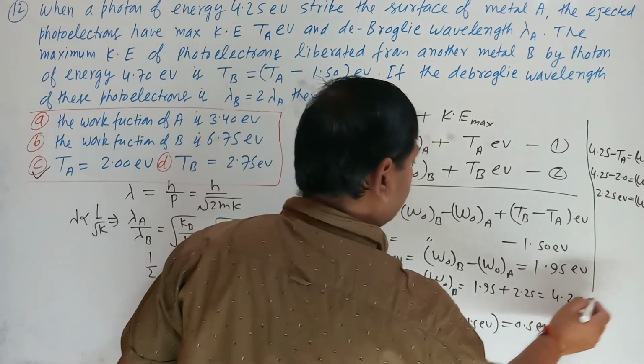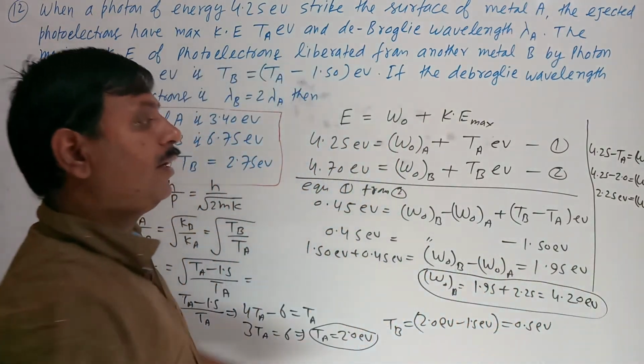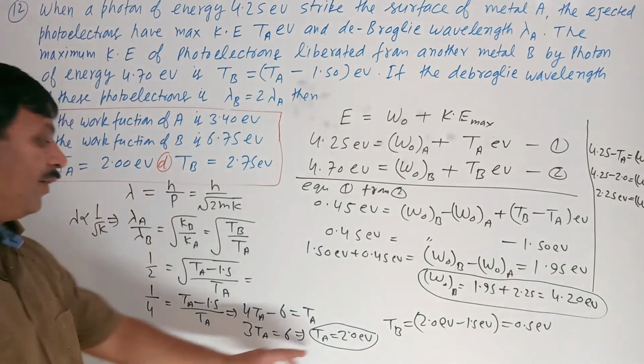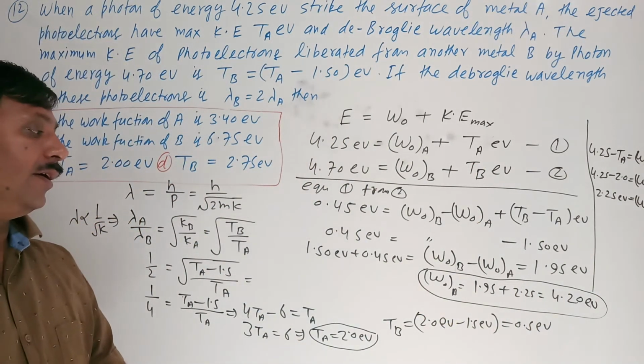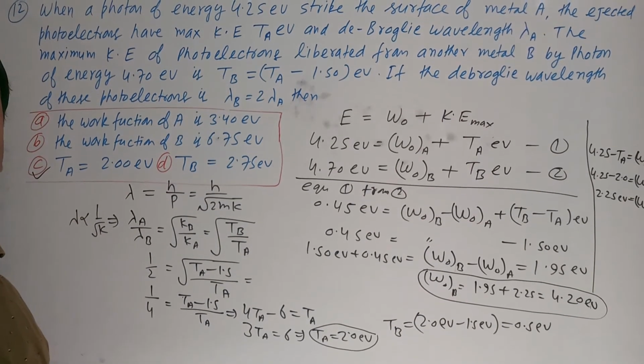So all we have found: the work function of B, the work function of A, TA, and TB. So here we can see option C is correct.